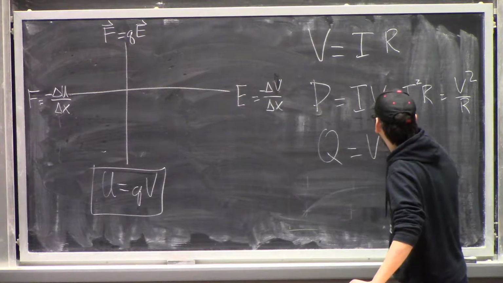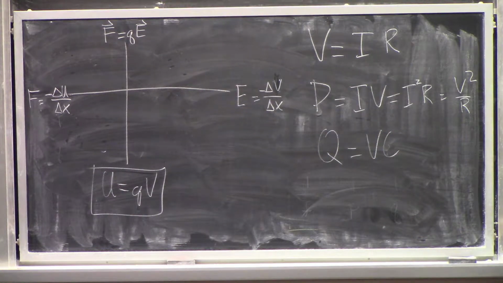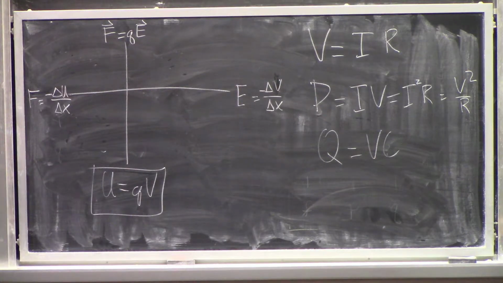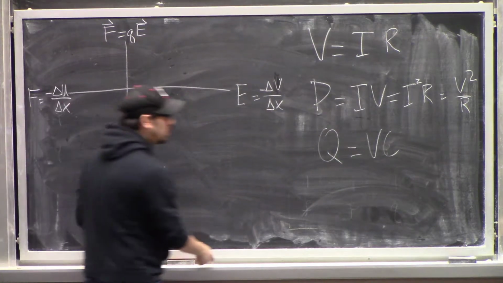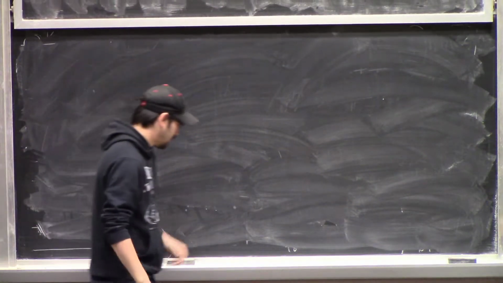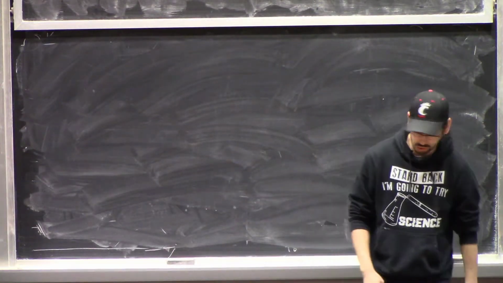Q is equal to VC. Okay. Keep these equations in mind, and you won't be expected to go to the same lengths to do calculations with any of these things that we did on the last exam, but you might need to apply some of these equations in order to solve things on this one. Okay. So that's the stuff from the last exam that might show up again here.